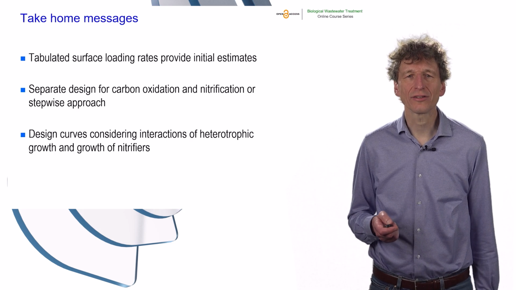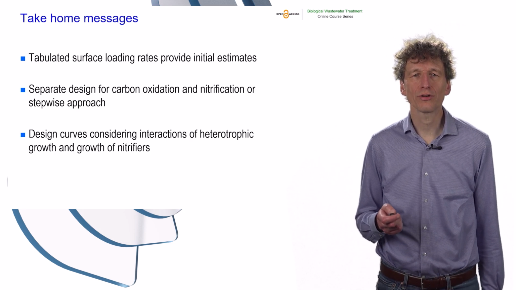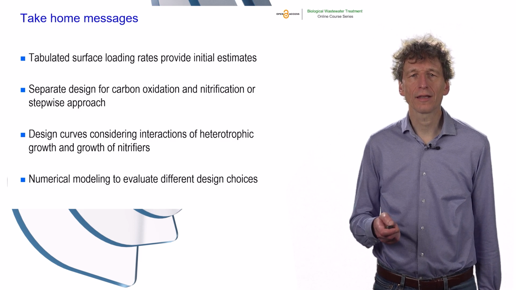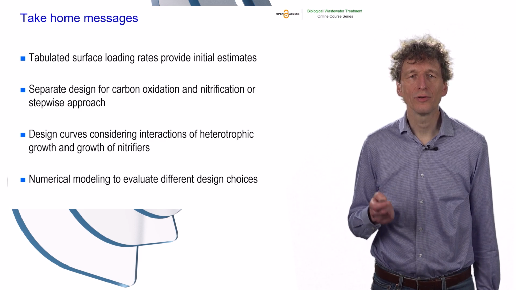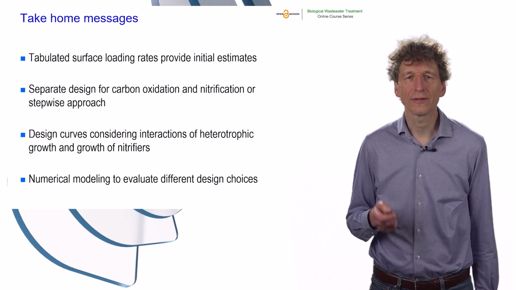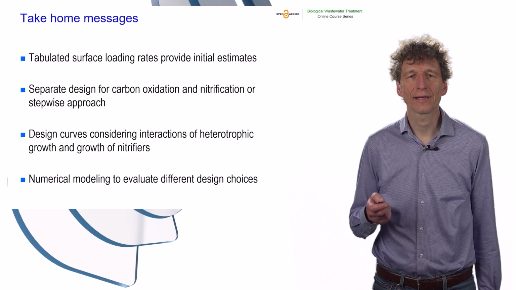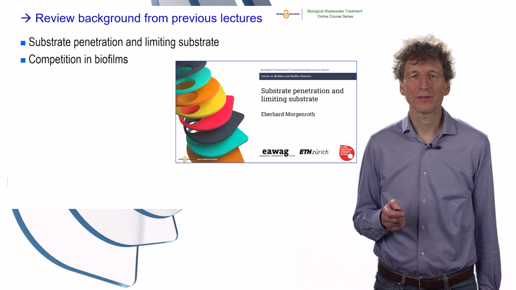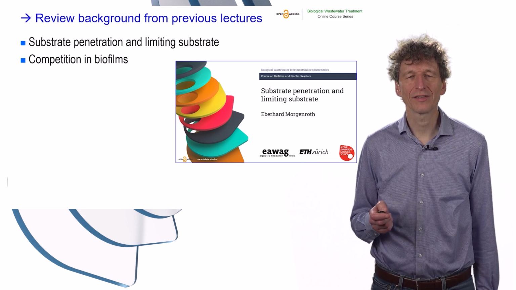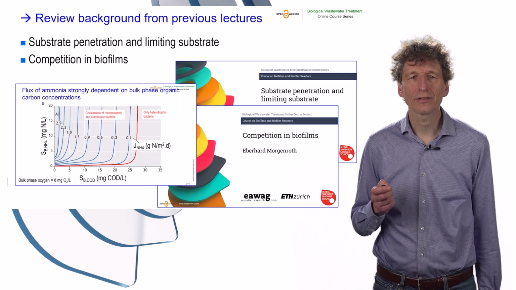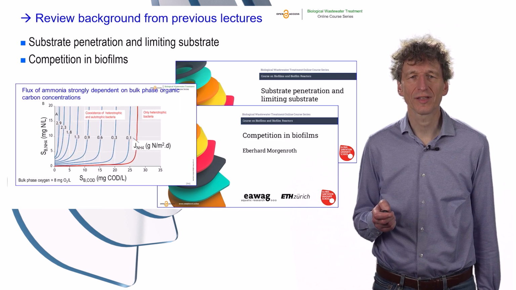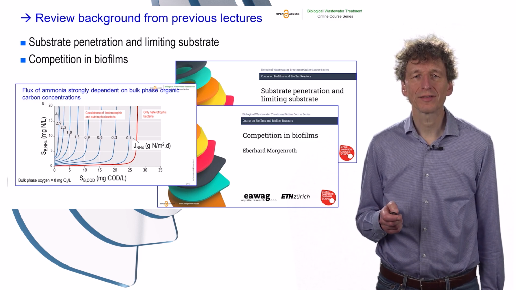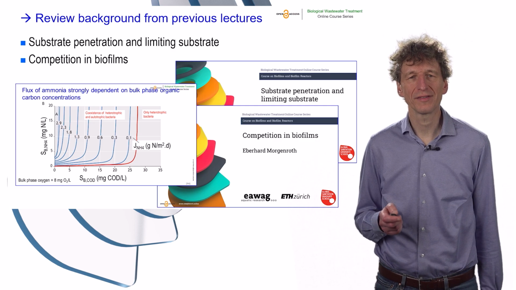And we can use design curves that take into account interactions between heterotrophic growth and nitrification. Finally, we can do numerical modeling using a simulator to evaluate different design choices to verify or optimize our design. If you have skipped the previous modules on mechanisms and modeling, you are encouraged to review these important concepts. Using simplified design guidelines should be based on a solid understanding of basic mechanisms.